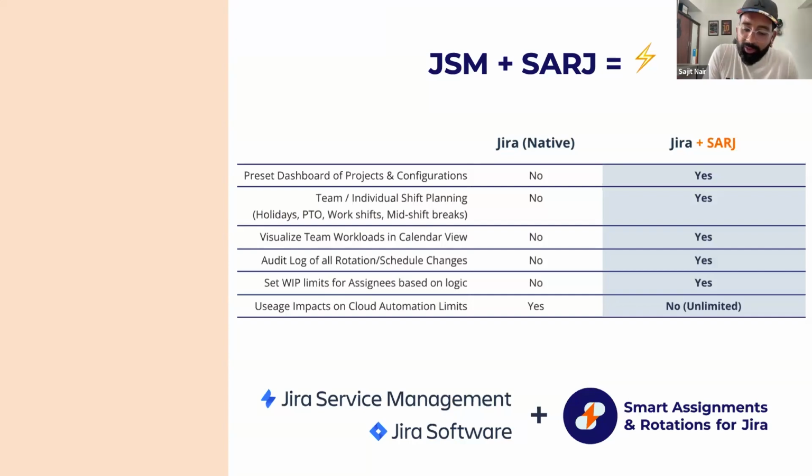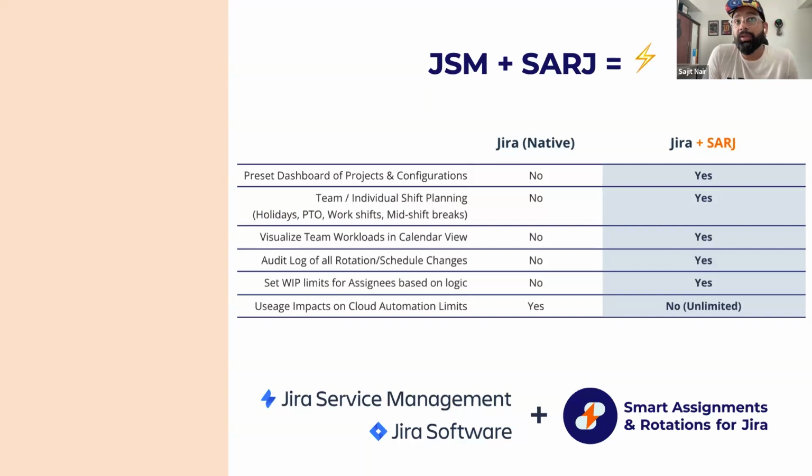So when you set up those work in progress limits, the tickets are not lost. They go into a pool and wait for people to be available. The moment people become available, anybody from that group, it starts assigning them in that manner as well.